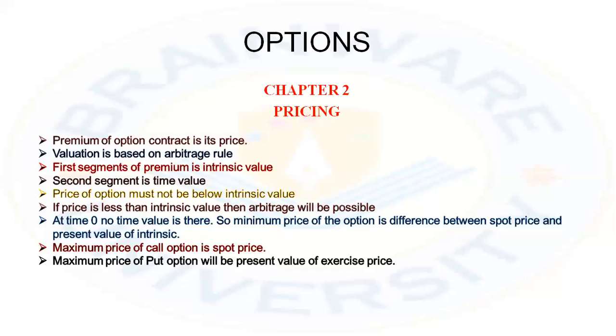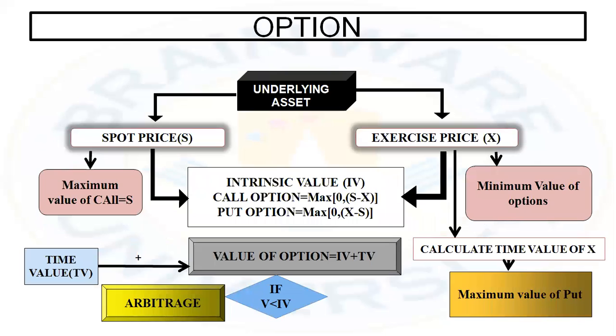If it has been decided on the maturity date, then definitely the exercise price will be considered. But if the option price is calculated before maturity, then the exercise price is receivable in the future, so it will be converted to its equivalent present value. So what we can say is that in case of a put option, the maximum premium of the put option will be the exercise price. So that covers our first slide.